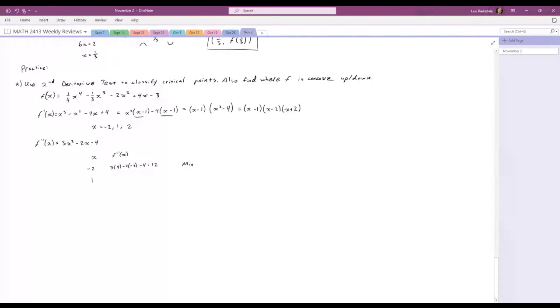At x equals positive 1, I'm going to have 3 minus 2 minus 4, which would get me negative 3. So then I have a minimum. A maximum. Yeah, a maximum because, again, our function is concave down.